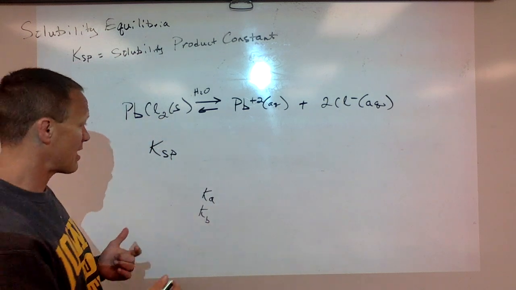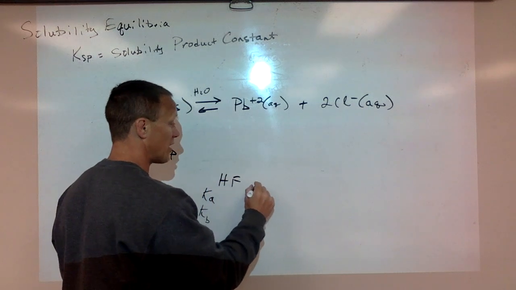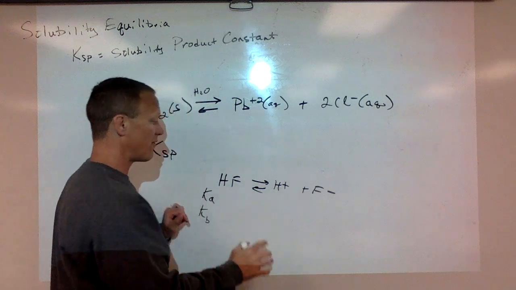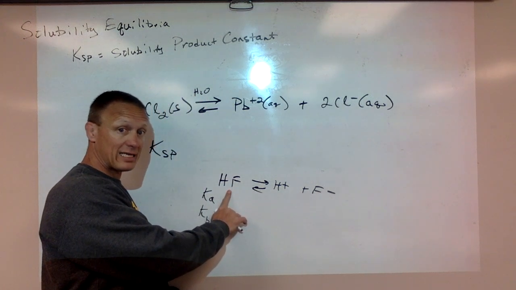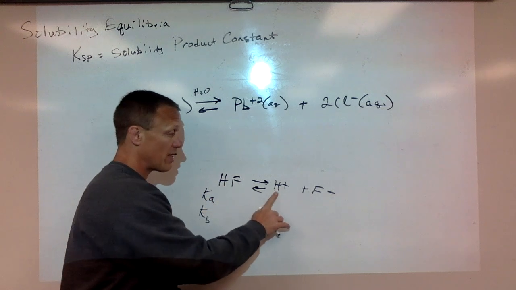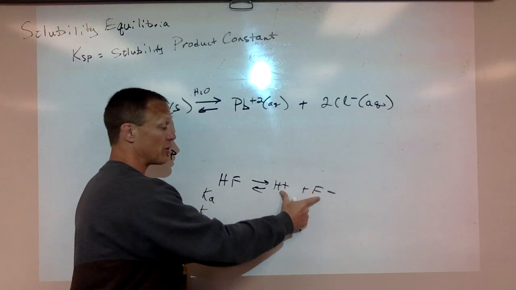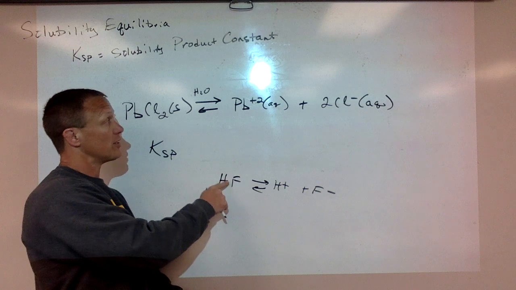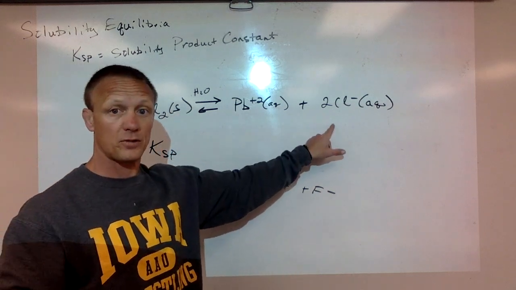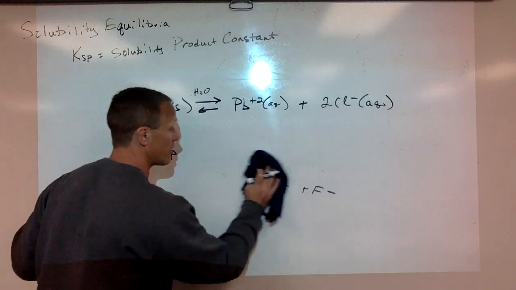For acids, we had HF going to H plus and F negative. That was aqueous, even though not all of it split apart into ions, so it was always those concentrations over this concentration. In this case, since it's a solid, it's just going to be those two things. The only things that are aqueous and gas are part of the K expression.